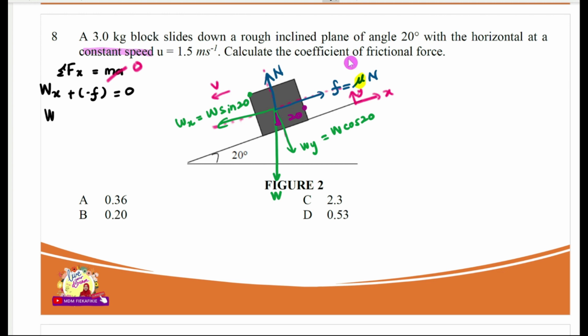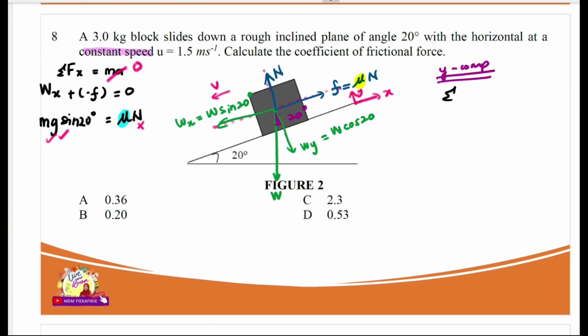So Wx kita gantikan teruslah. Okay, W iaitu mg sin 20 degree, okay, equal to mu N. Jadi sekarang saya nak cari mu. Okay, kita ada semua nilai ni tapi kita tak ada N. Okay, the normal force. So, in order to calculate N, kita perlu guna y component. Okay, so y component.